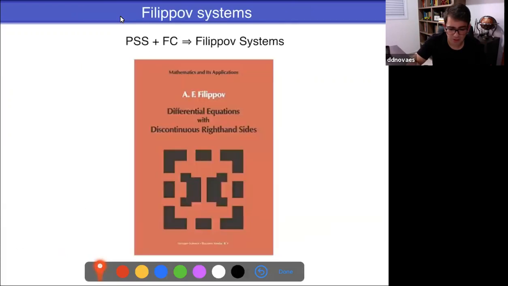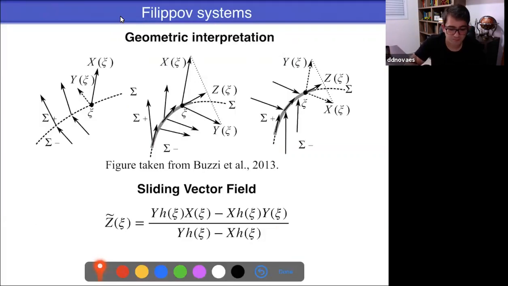This is done in this book. And when we have a piecewise smooth system plus the Filippov convention, we call this system a Filippov system. Okay, so this is a nice geometric interpretation of the Filippov trajectories. We do not actually have to compute solutions of differential inclusions.